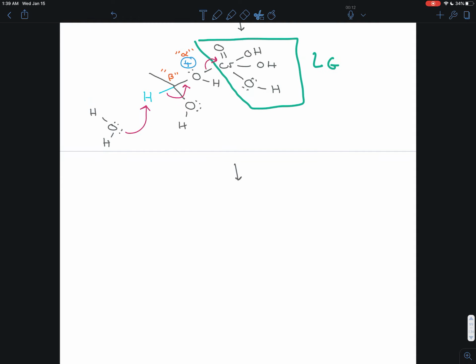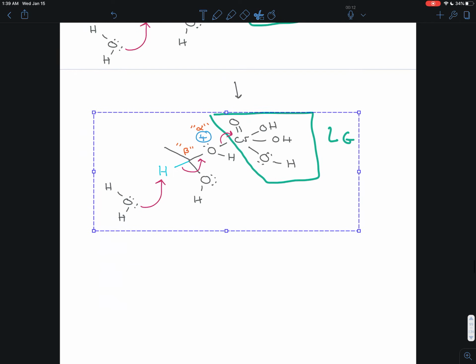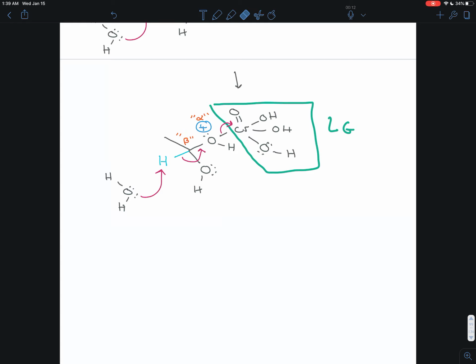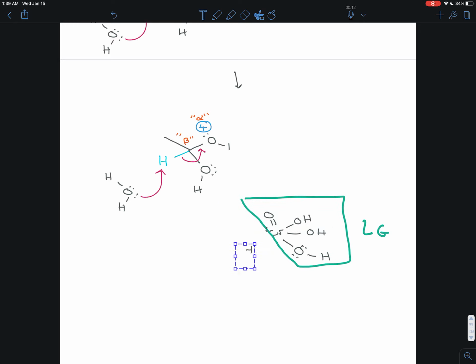Okay, so what we have first is these electrons go onto the chromium. That is a leaving group, and that, like any good leaving group, leaves. Now that goes off and lives its own life.